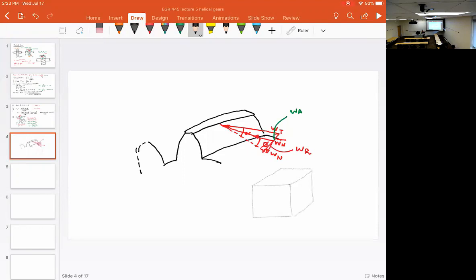You are going to have a quite complex three-dimensional state of forces. So I will try to explain this once again. Okay, so imagine this is the axis of the gear. This is the axis.